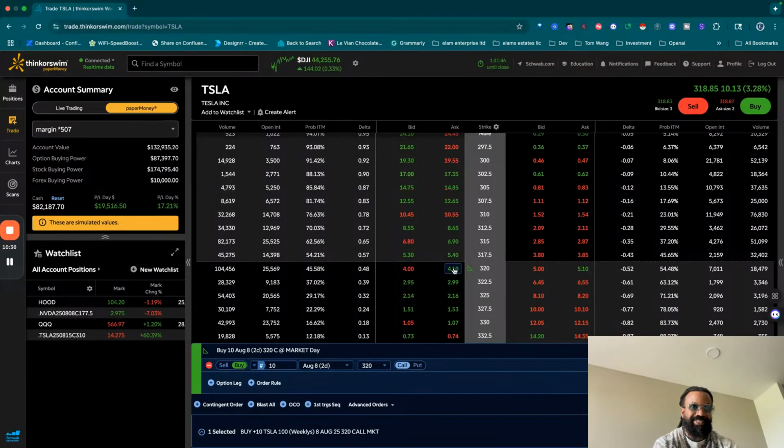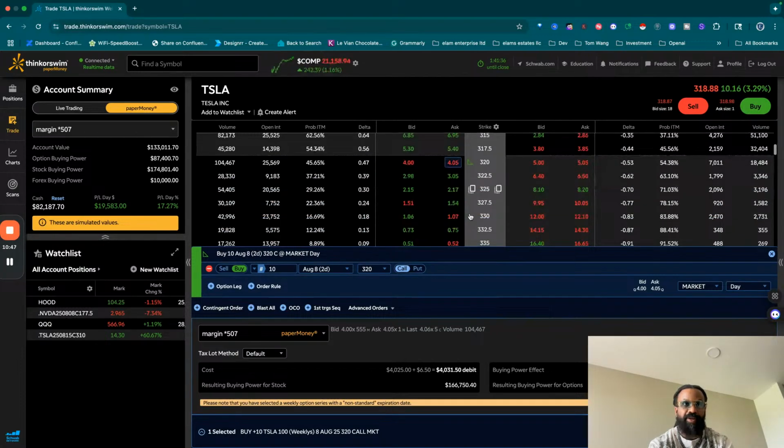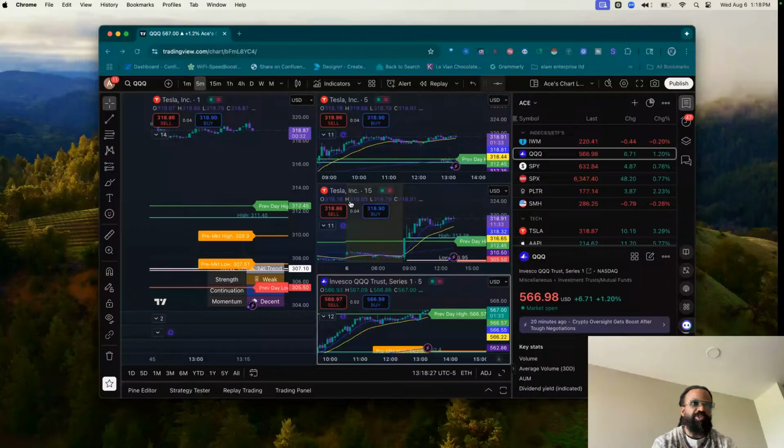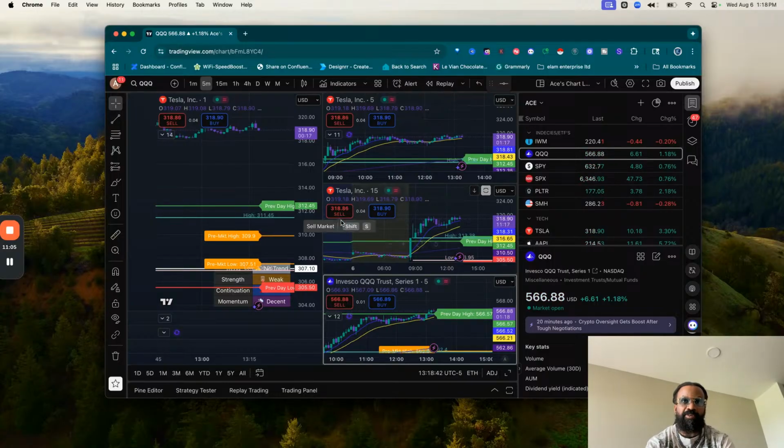Each contract is $410, and market order is the order type. I'm going to pull up the final confirmation screen for Tesla. What we're waiting for is for buyers to step in aggressively before we hit send to submit our order.